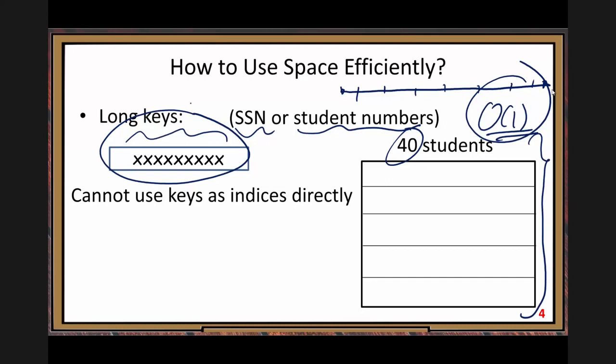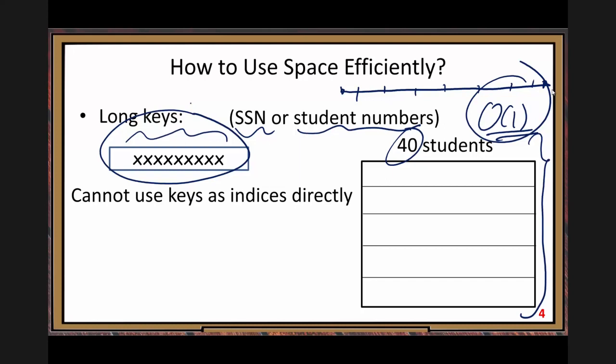So the question, how to make the long keys shorter? Truncation, is it possible to do truncation? Sort of. Definitely truncation can make the long keys shorter. But good or not, that's another question.